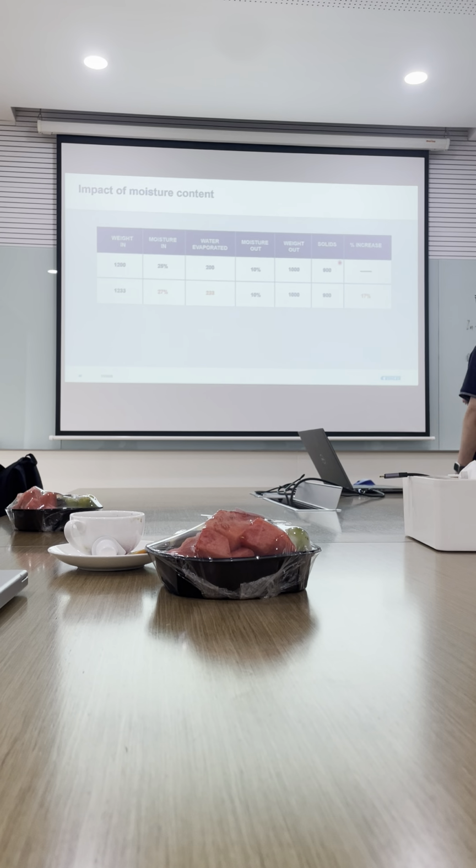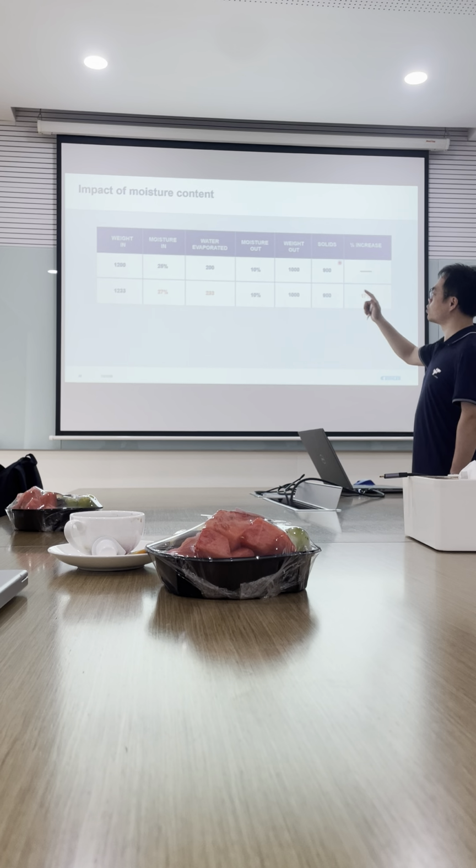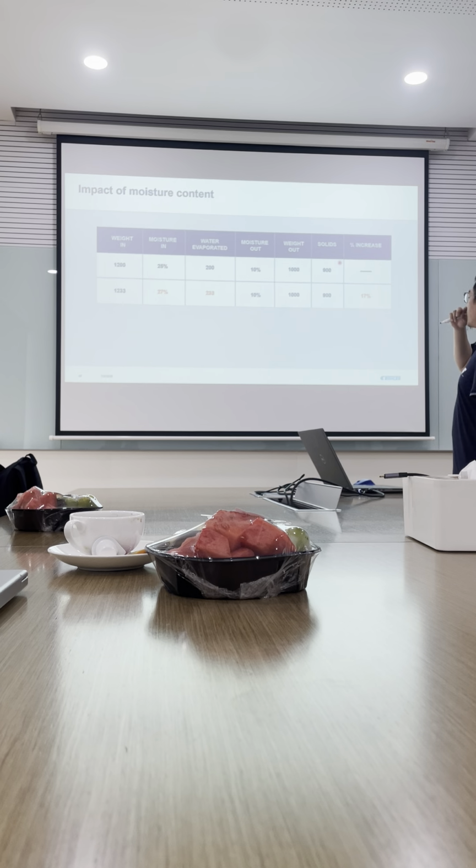We can get that the increase is 30%. So we can see that by only increasing the moisture in by 2 percentage points, the energy we need is increased by 70%.